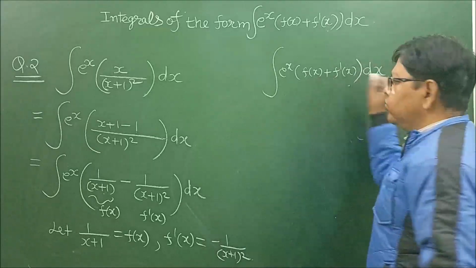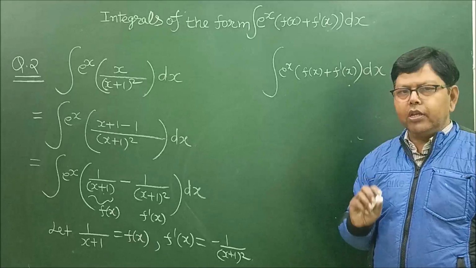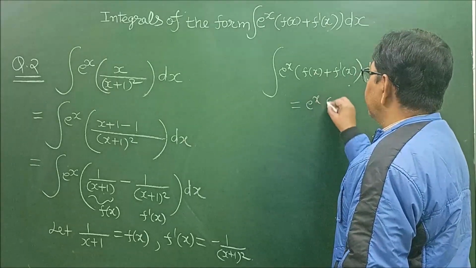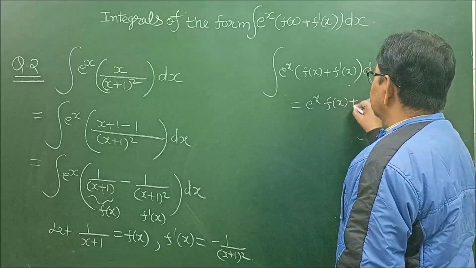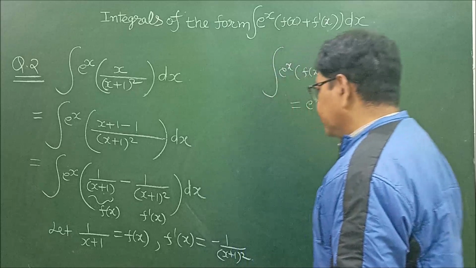And we know that this integral की वैल्यू इक्वल टू है e raised to the power x f x. So this is equal to e raised to the power x f x plus c, and here the function f x is equal to 1 upon x plus 1.